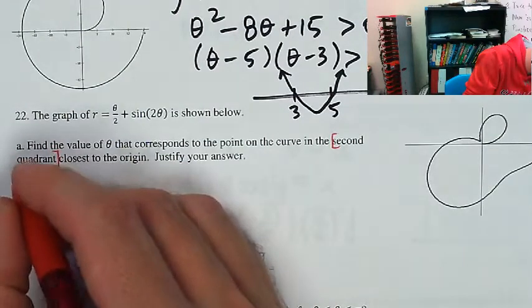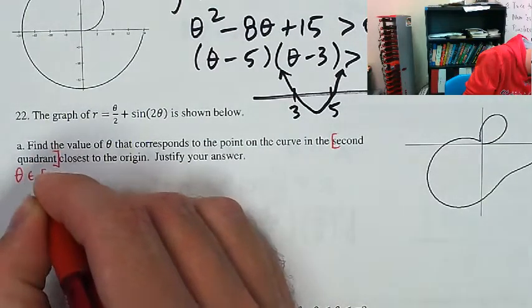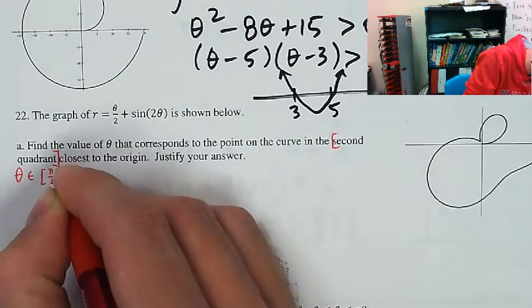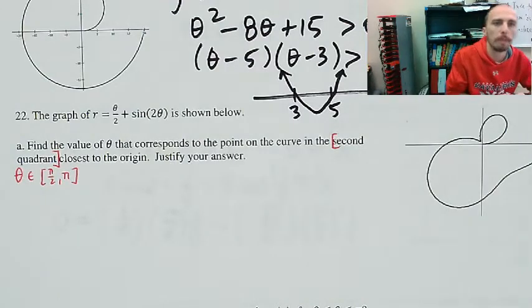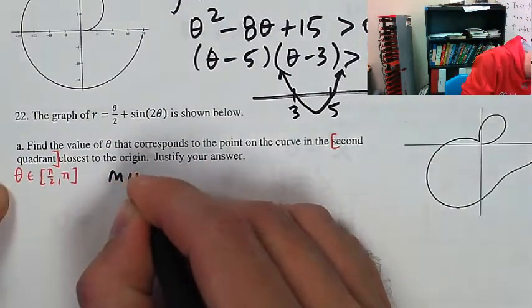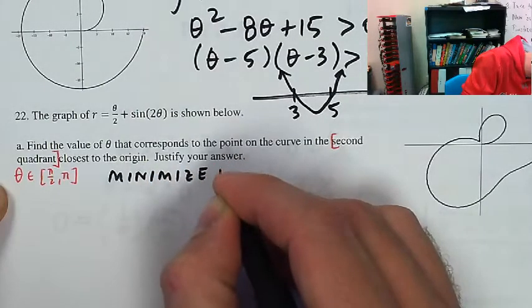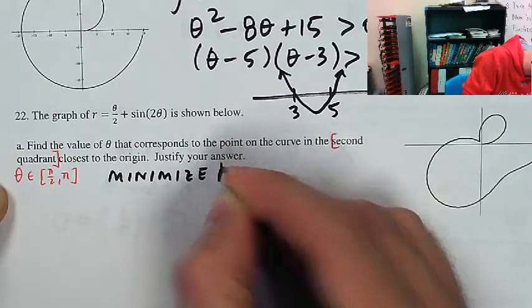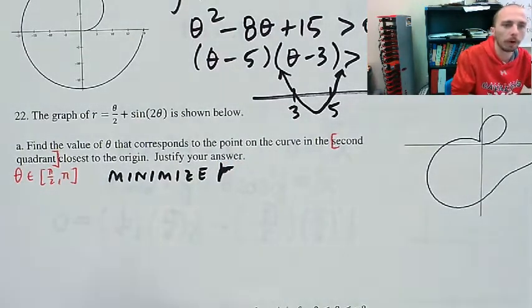Second quadrant, so theta between pi over 2 and pi. Okay. And we want to minimize r subject to those constraints. That doesn't look good, but whatever. We're going to minimize r.